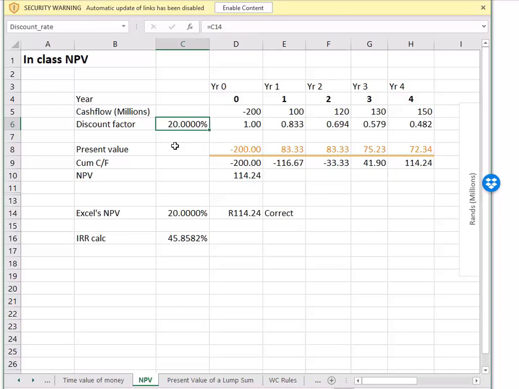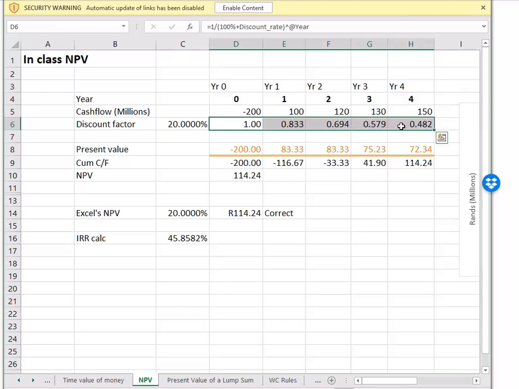So a 20% discount factor, or hurdle rate, to use different language, we want to generate returns that are higher than 20%, is an appropriate number to use. So we could then take this 20% and go to the table and find out what these factors are. Okay, so let's do that. Let's go to our table over here.